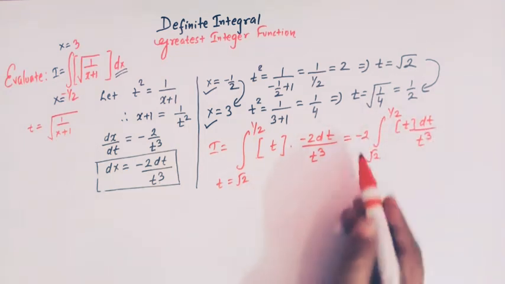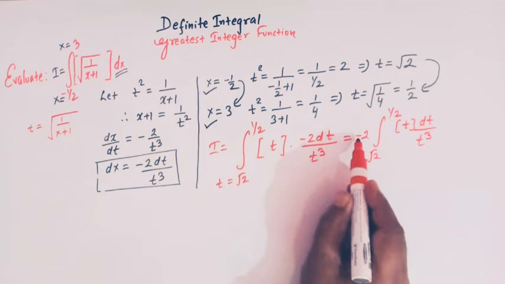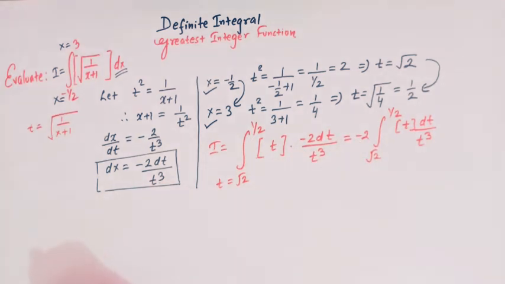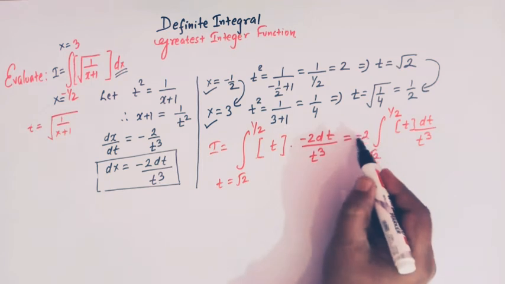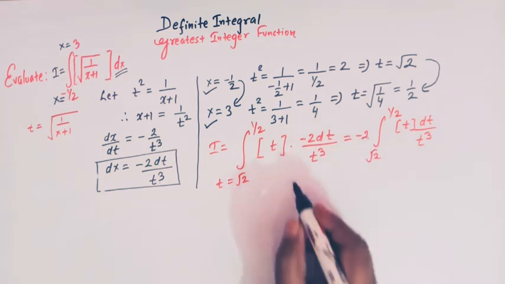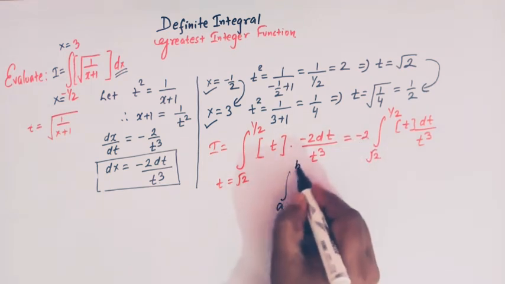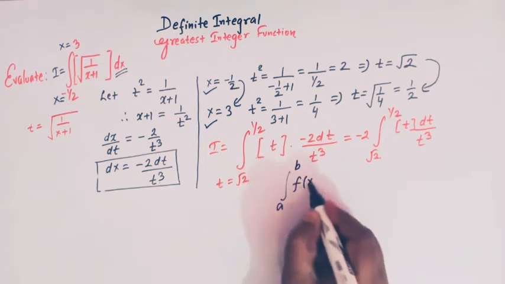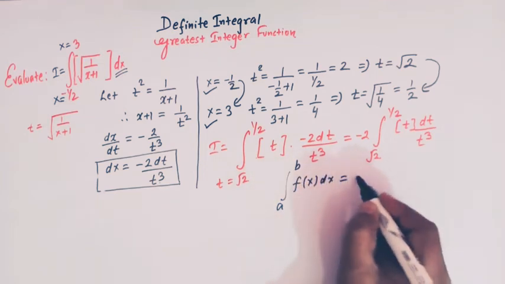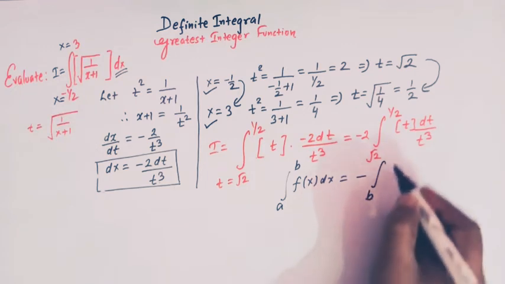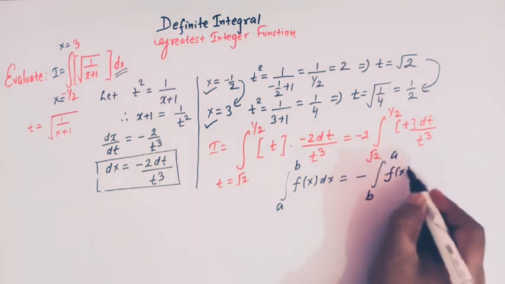Now here we have a negative sign, so we can use the property of definite integrals which says we can interchange the limits by neutralizing this negative sign: the integral from a to b of f of x dx is equal to negative of the integral from b to a of f of x dx.